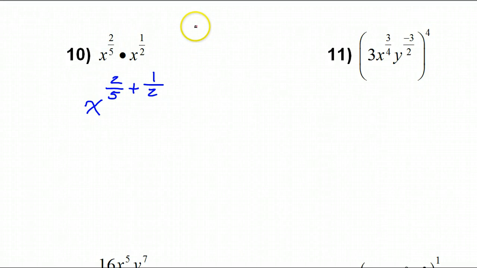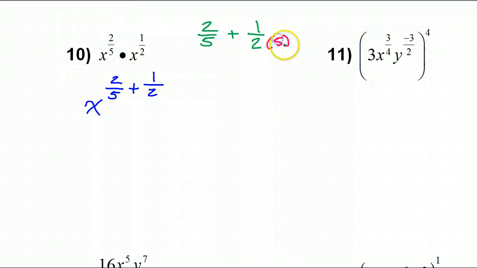So off to the side somewhere, we're going to do our 2/5 plus 1/2. Let's make both of these denominators into 10s. So we will multiply by 5s over here, and we will multiply by 2s over here.